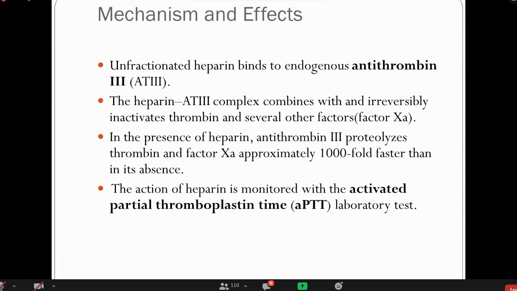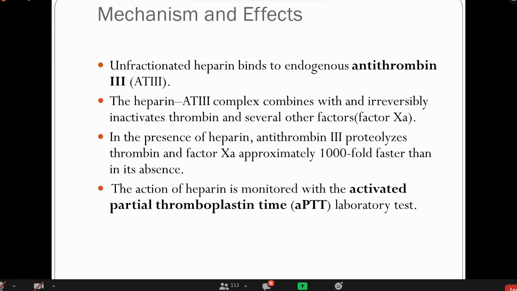This is another very important point, right? Suppose we have started anticoagulant therapy. How can we monitor the blood concentration? Already we have discussed that if the drug concentration increases, it will cause bleeding. So we have to monitor continuously. When we have started the therapy, we must monitor the blood concentration. If a patient is on heparin, the laboratory test that we recommend is the APTT, activated partial thromboplastin time. This is important.